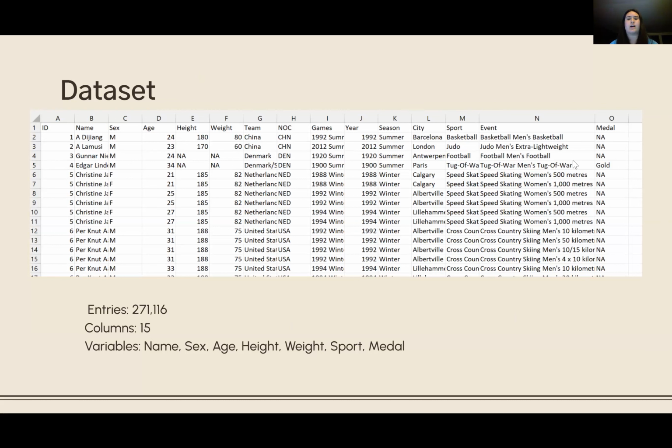And also in the last column is the medal. So as we can see, there are NAs and there's a gold. NAs mean that they did not win a medal in their competition. And then there were 3 other categories, which are gold, bronze, and silver, which means that's what they placed.